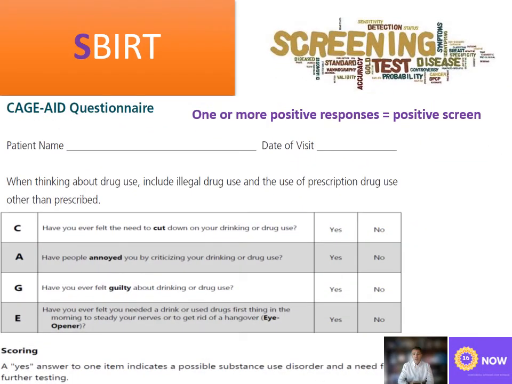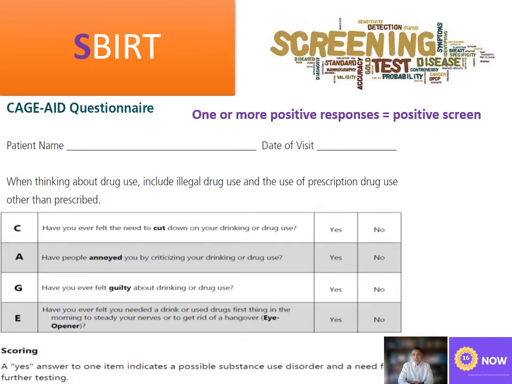The first part of SBIRT is simply the screening. This is where you will identify those patients that might have a substance use disorder or be developing a substance use disorder and need a brief intervention or additional clinical interventions.